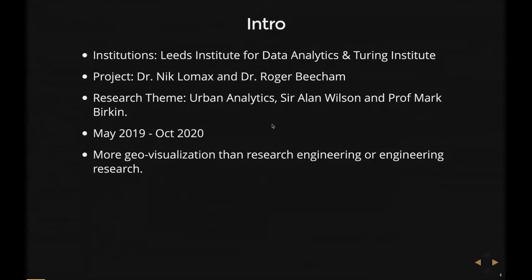The theme is a part of urban analytics, where names like Sir Alan Wilson, who used to head Turing Institute. I'm not going to introduce the institute. I just have too little time. And Professor Mark Birkin, who heads LIDA, is a chair of the urban analytics theme.